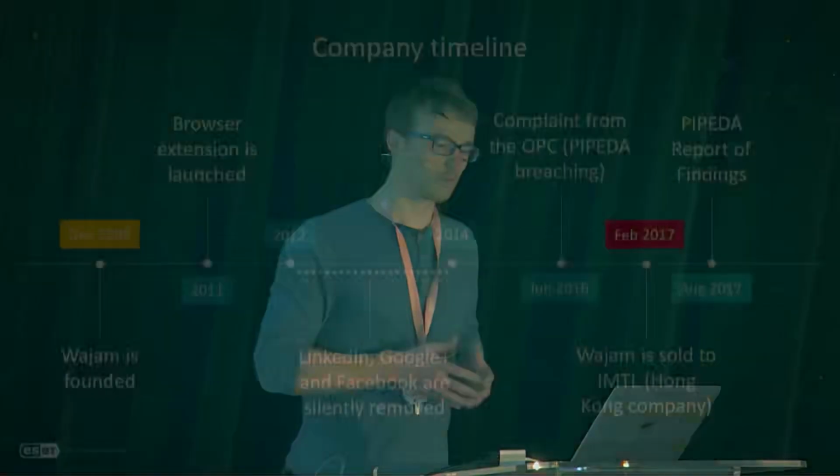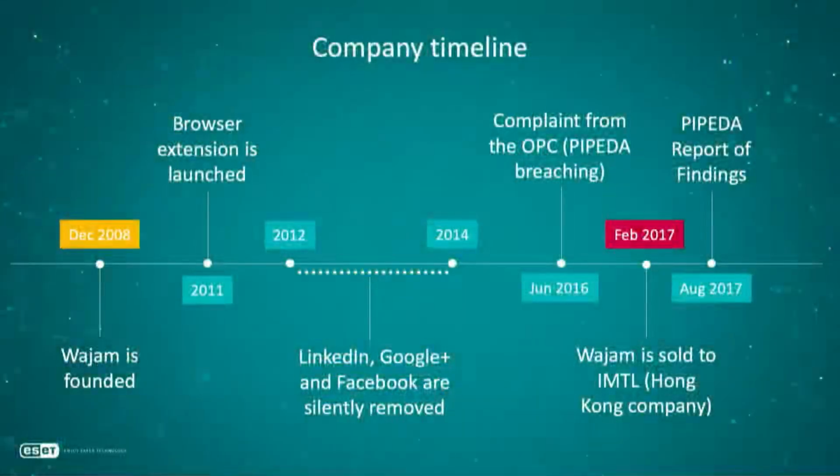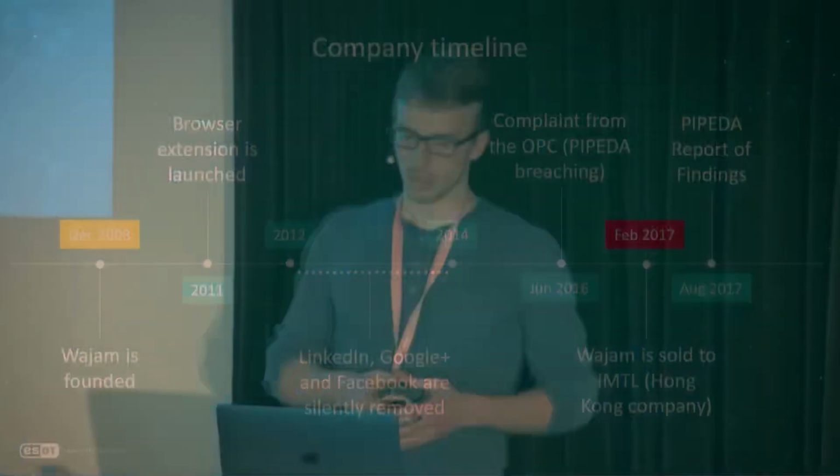So as you can see on this timeline, the investigation of the OPC started in June 2016, and the final report was published in August 2017. During the investigation, Wajam transferred all its assets to a Hong Kong company called Iron Mountain Technology Limited, or IMTL.